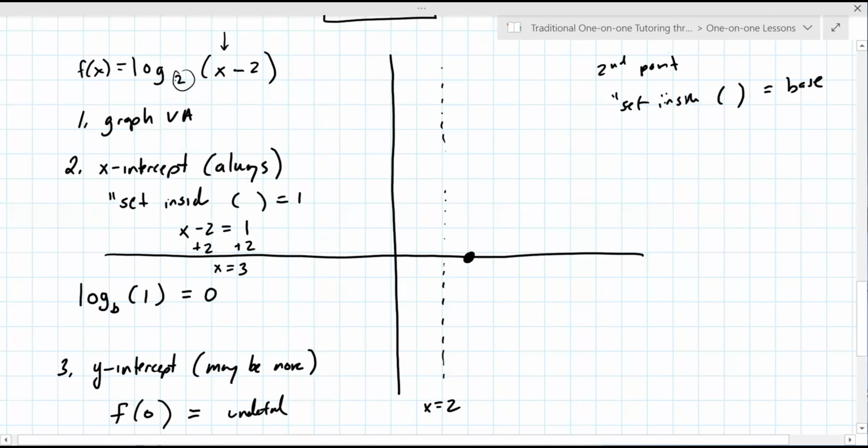See how the base is 2? You want to set x minus 2 equal to 2. So you took the parentheses x minus 2 and set that to the base. Yes. To get your second point, it's going to be x equals 4.